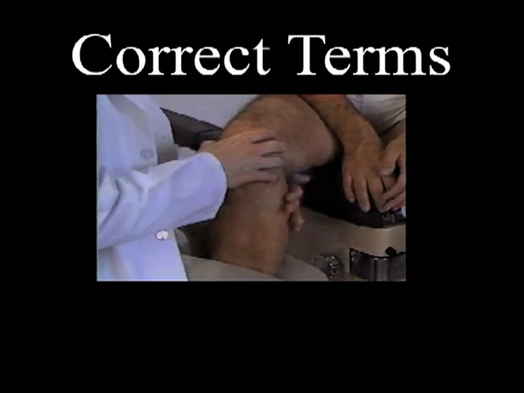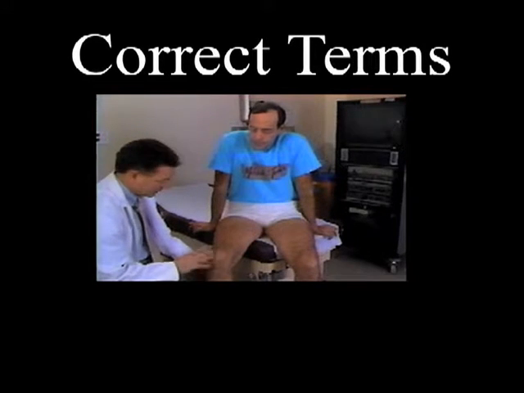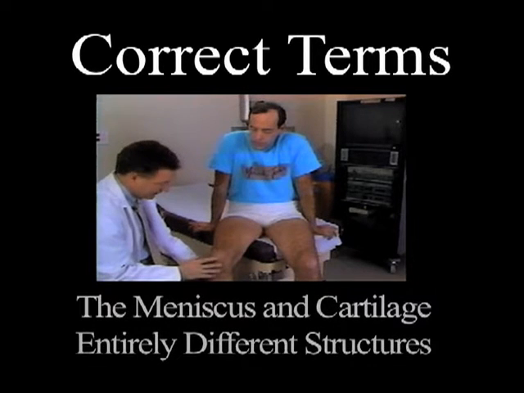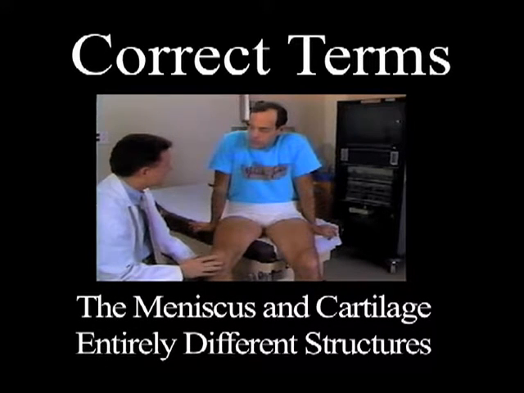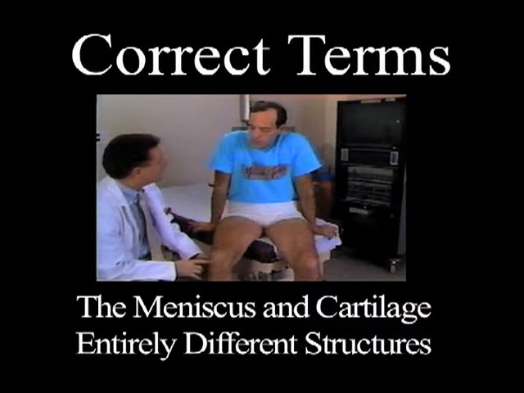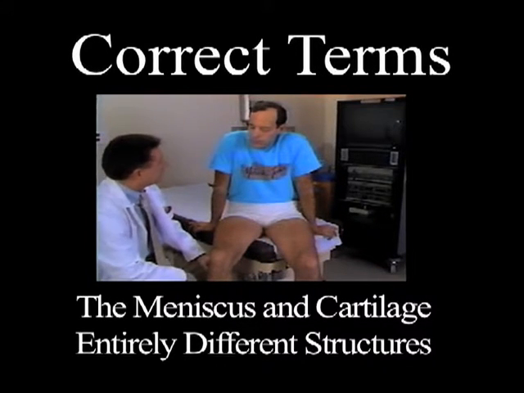Confusion may arise because physicians frequently use the word cartilage to describe the meniscus. For example, when one hears that someone tore his cartilage or had his cartilage removed, what is meant is that the person suffered a meniscal tear or underwent a meniscectomy, or removal of the torn meniscal fragment.